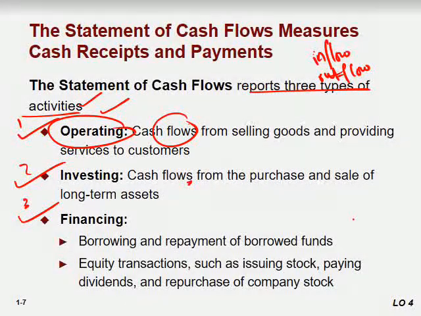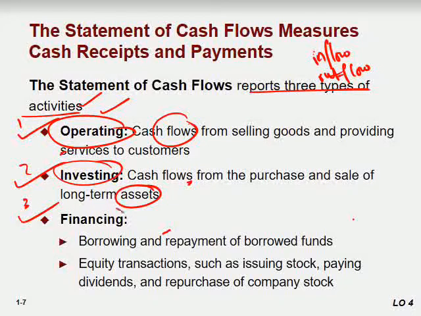cash flows. Investing cash flows means that you invest your money in the form of assets. How much you purchase the assets, which means whose use is for more than 1 year. You purchase equipment, you purchase air conditioners, you purchase furniture, right? All those, or you purchase a plant, right?